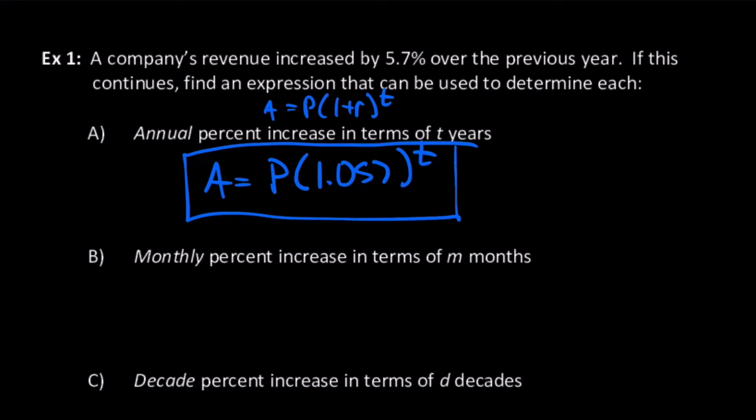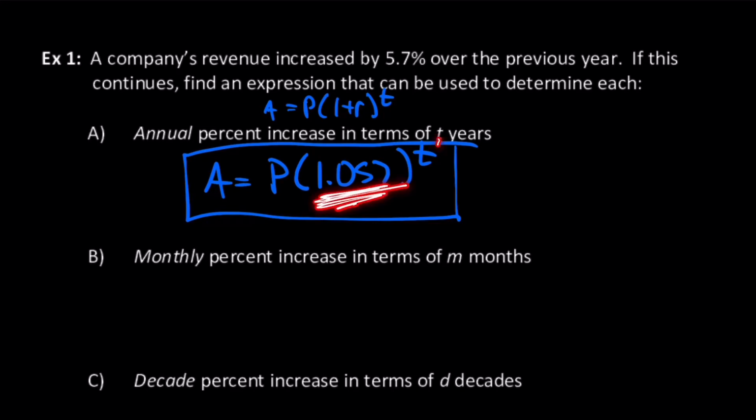But now it says the monthly percent increase. Now remember, these are exponential functions. They're not linear. All right, so I can't just divide the interest rate by 12. It doesn't work that way. So what we do have to divide is the exponent. So this is what I get for the year. For the month, it can't be this. It's got to be less than this.